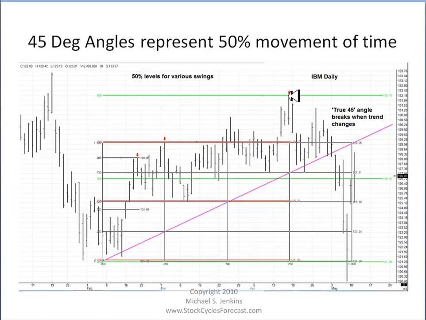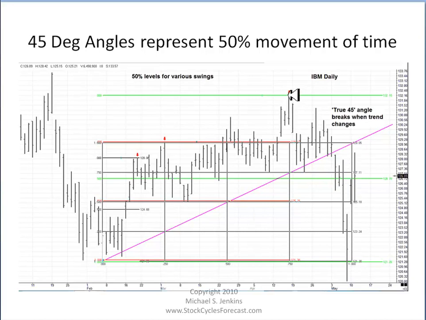So what we see now is during this correction, it bounces off the angle, bounces off it, and it gives us early warning. When it finally breaks our angle over here, even though it did not break the 50% retracement as yet, at this point, we know, based on angles, the trend has turned down. And when this angle breaks, it goes all the way to the base.